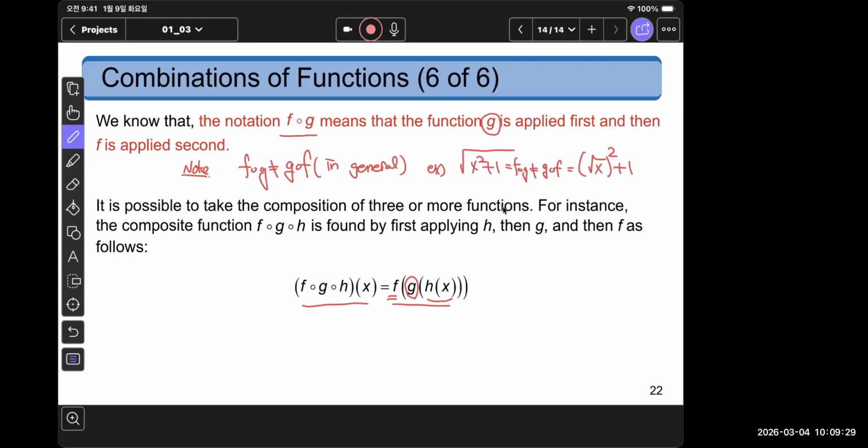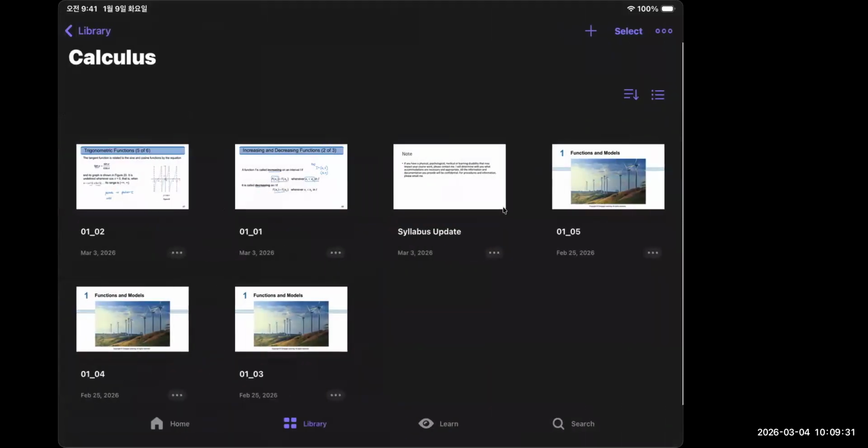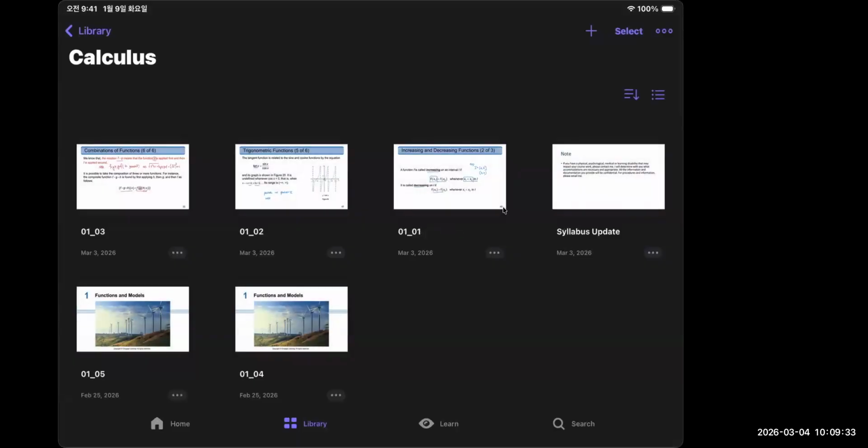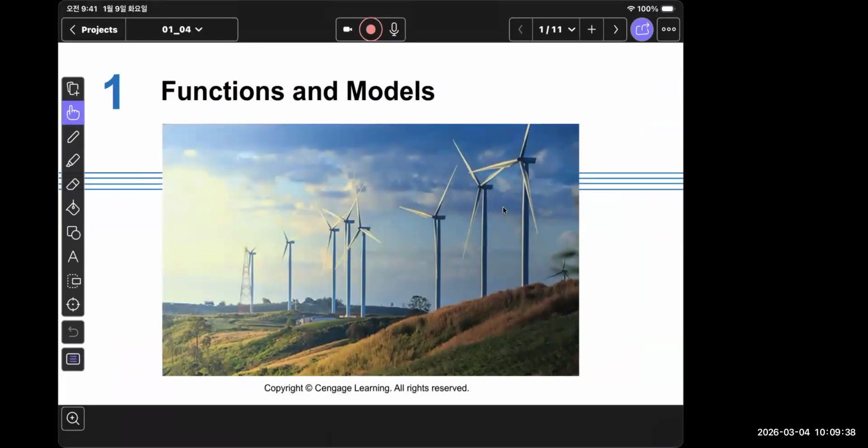This is not the normal speed of the class. Usually I go a little bit slower than this, but since this is chapter one, as I said, in chapters one and two I will go a little bit fast so that I can spend more time in the later chapters.